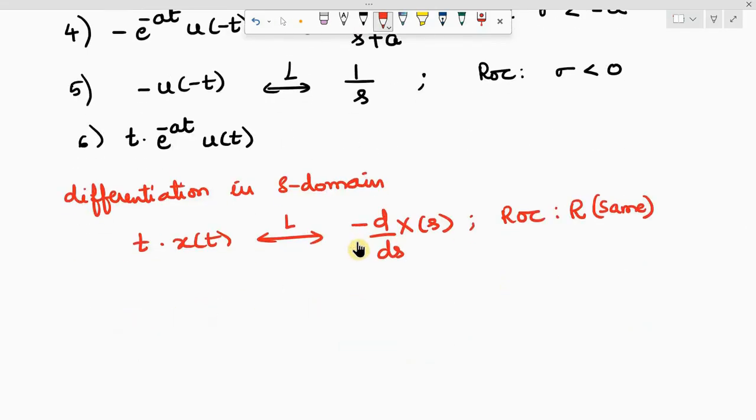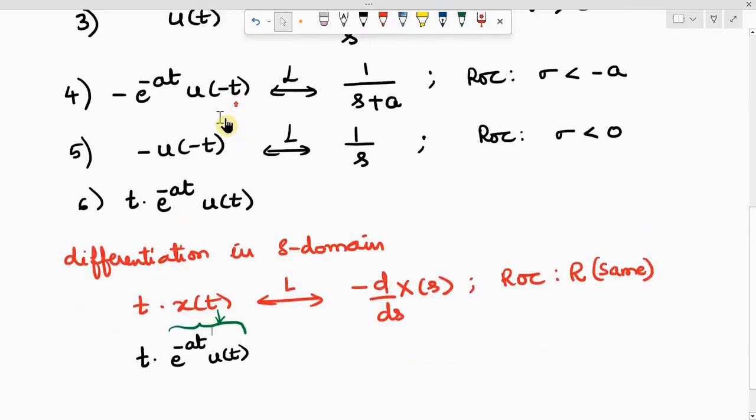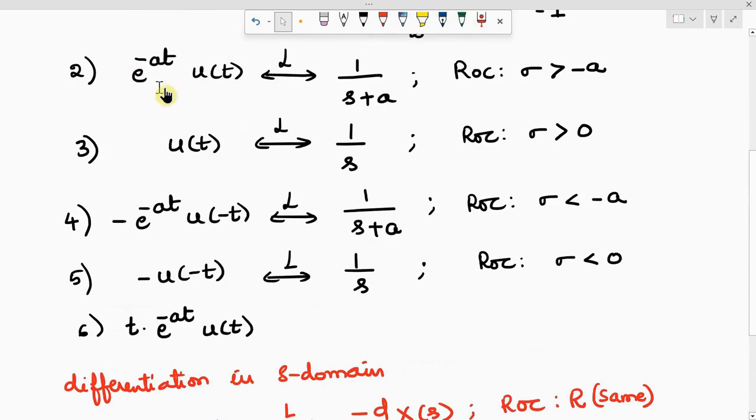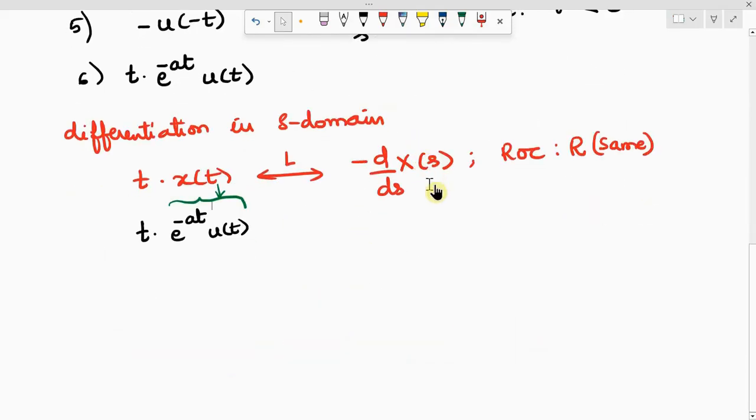Yes. So now the problem is in the form t into e power of minus a t u of t, so this x of t is e power of minus a t u of t. Now, if x of t is e power of minus a t u of t, X of s is 1 by s plus a. That's why here I am writing minus d by ds of 1 by s plus a.